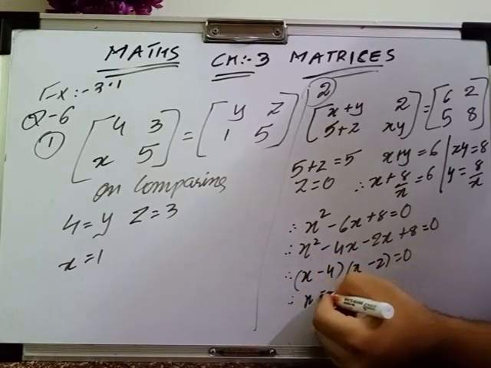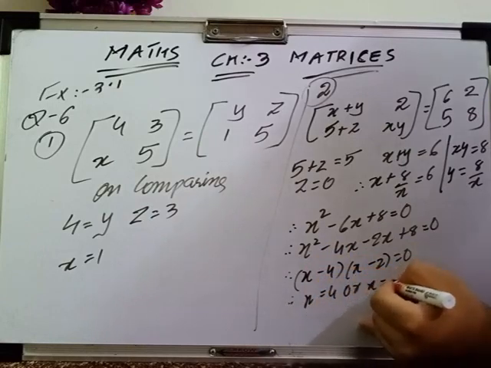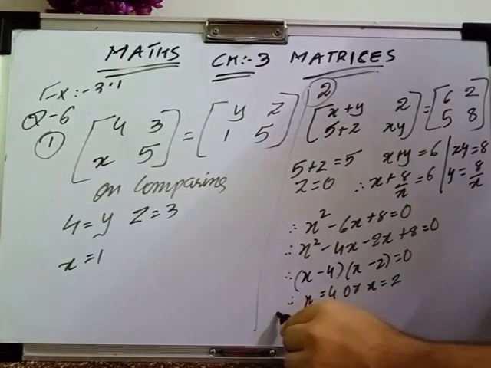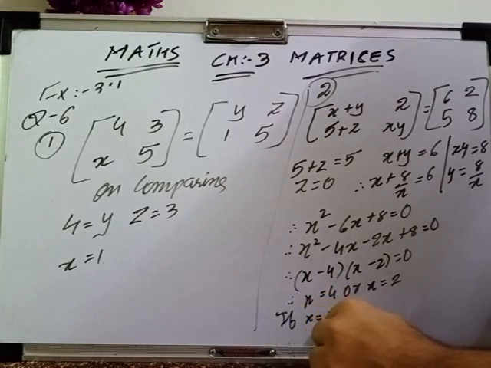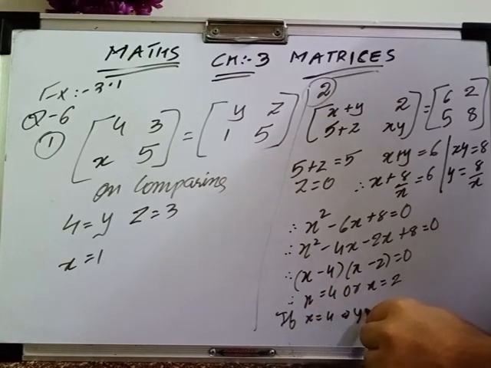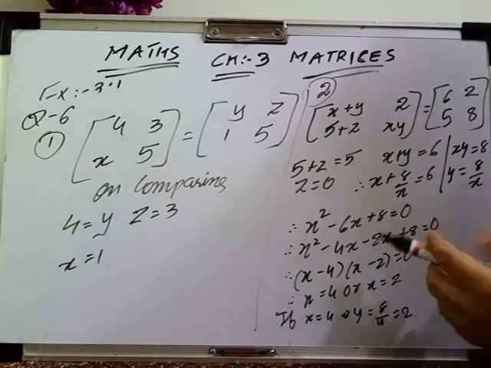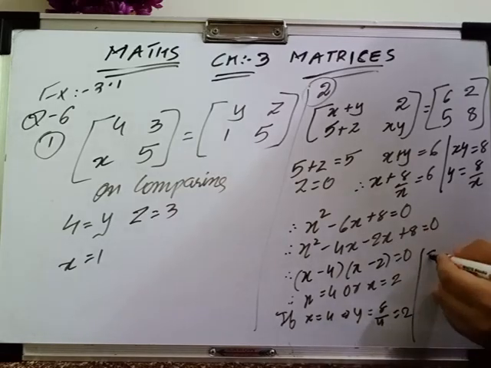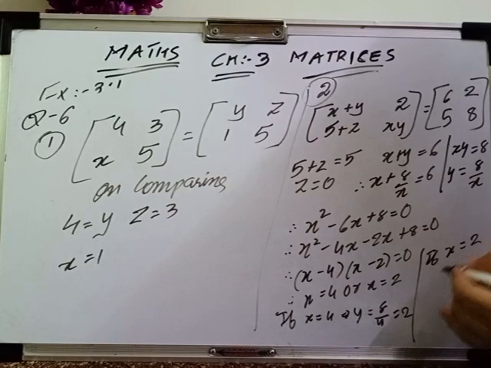Therefore x is equal to 4 or x is equal to 2. If x is 4, it implies y will be 8 by 4, that is 2, and if x is 2, then y is 8 by 2, that is 4.